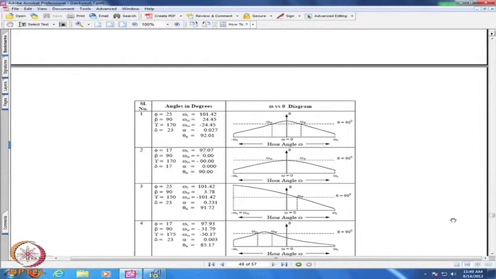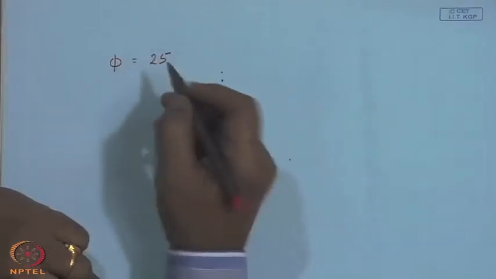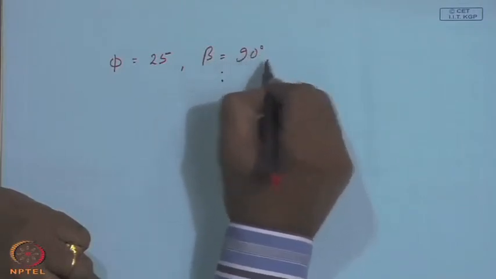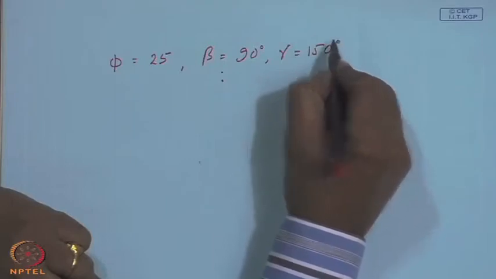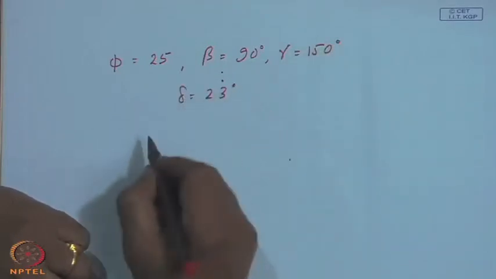What you will find is phi is equal to 25, beta is equal to 90, gamma is equal to 150 and delta is 23.